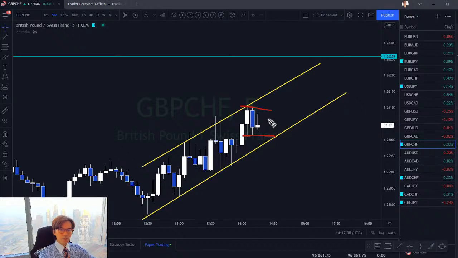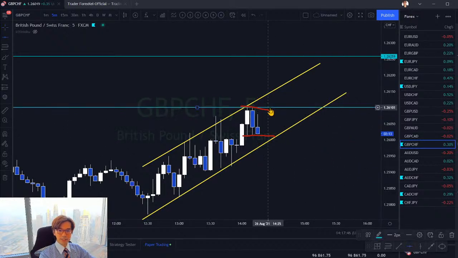So simply we wait until the market breaks the previous resistance, the previous high in the 5-minute chart, which is at 1.2610, and take a buy afterwards. Or simply, if you see some kind of reversal candlestick pattern here at the previous trend line, then you can also take a buy.